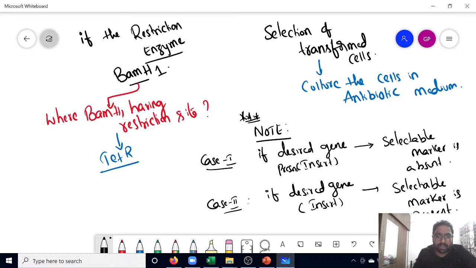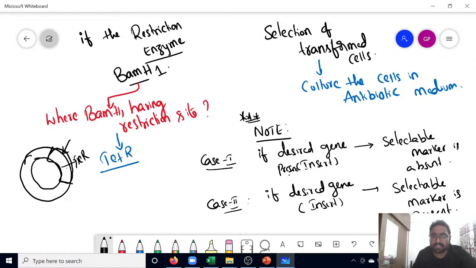Let me draw again here, another rough diagram. You see here, this is tetR. If BamHI cleaves here, then our insert gene is introduced here. If our insert gene is present, the selectable marker is absent; the tetracycline resistance gene is not there.